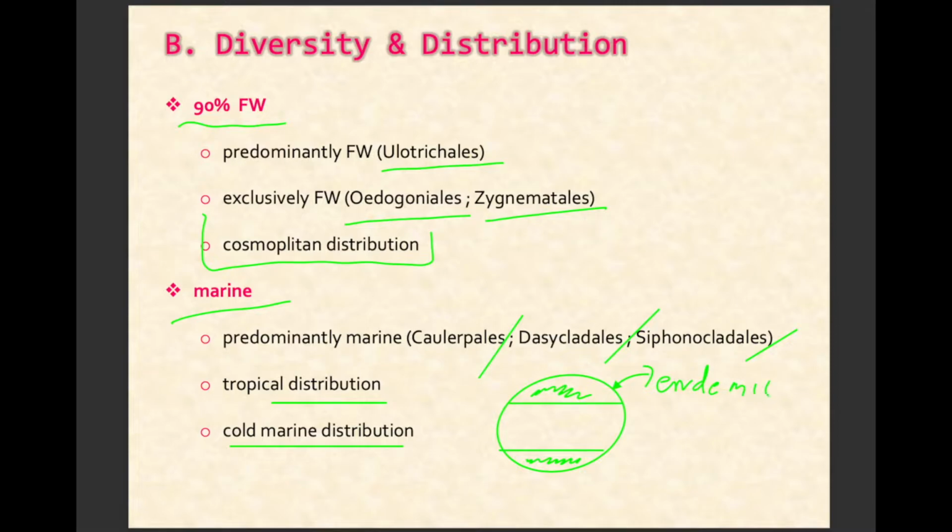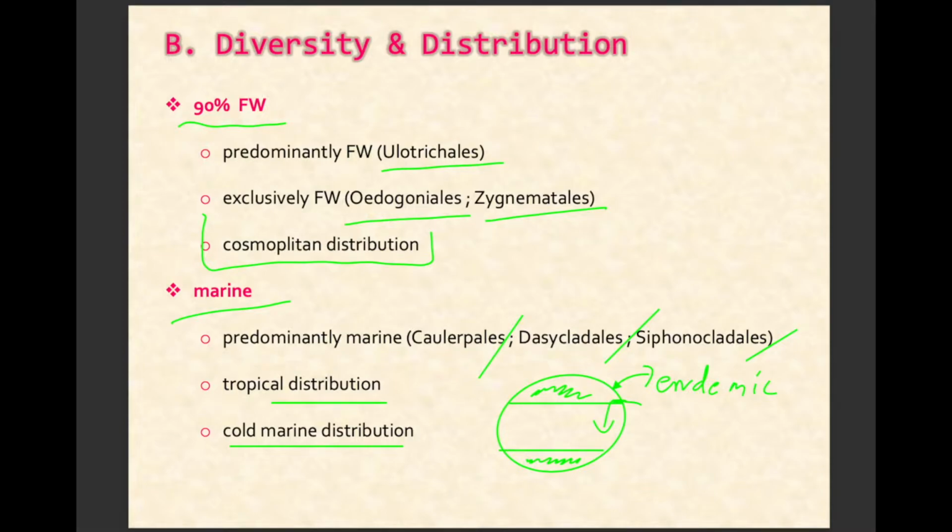Think of it as these cold marine representative taxa being trapped in those colder regions, with no way of penetrating the tropical regions of the marine environment. So they are endemic to that certain strip of the globe.